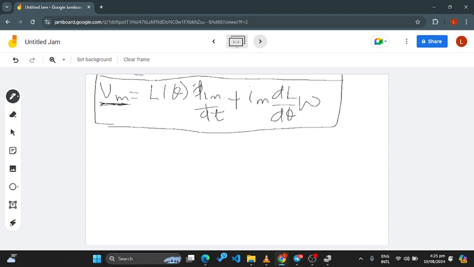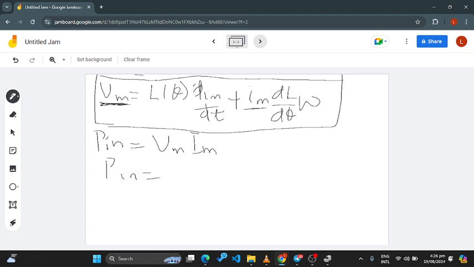So if we have this Vm applied to the stator and it is causing this Im to flow through the stator winding, if I want to know the power input to the motor, which is my input power, it's just going to be Vm times Im.